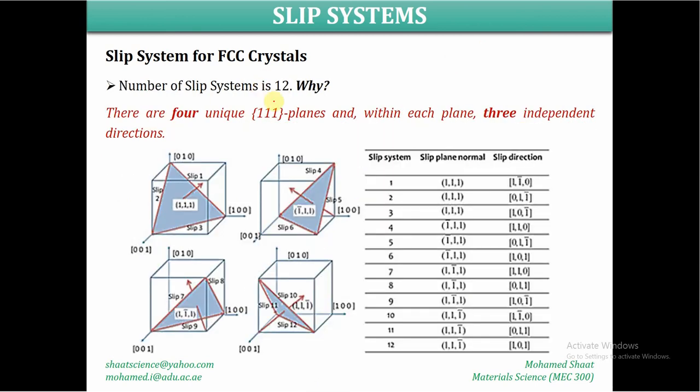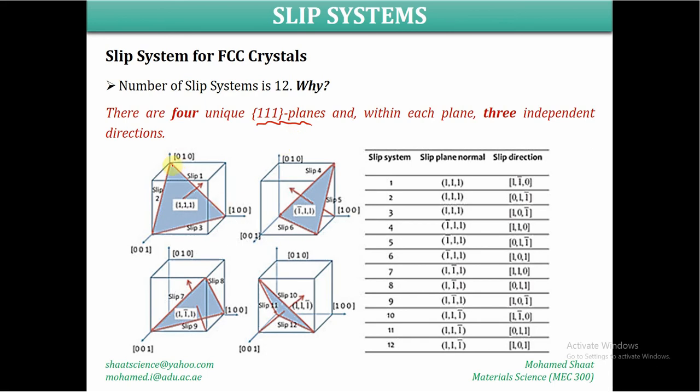So for example, if we consider the 111 plane family, this includes 4 different, unique and independent planes. Even in the FCC crystal structure, these planes can be represented as shown in these 4 representations. So this family contains 4 planes.